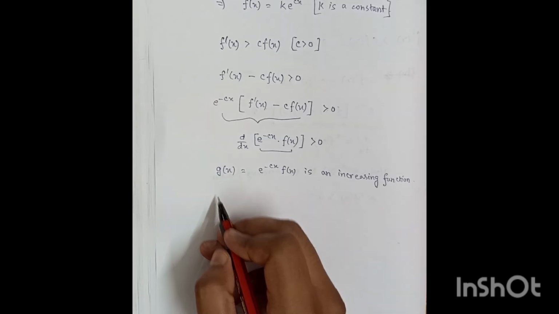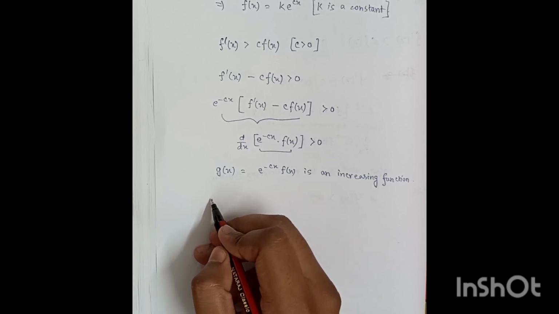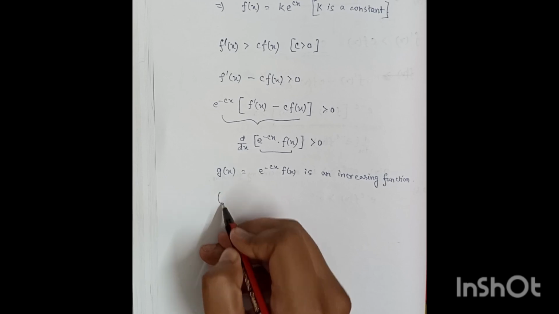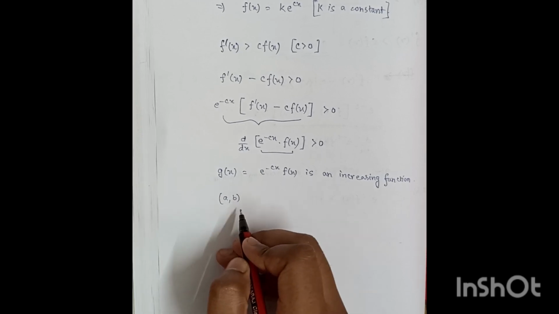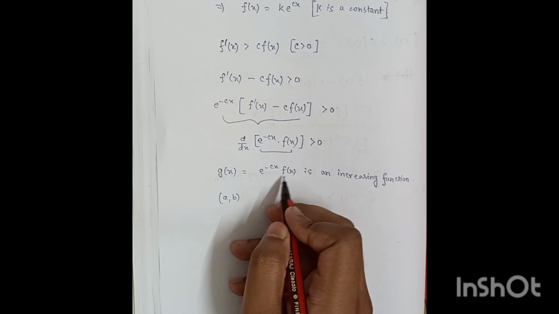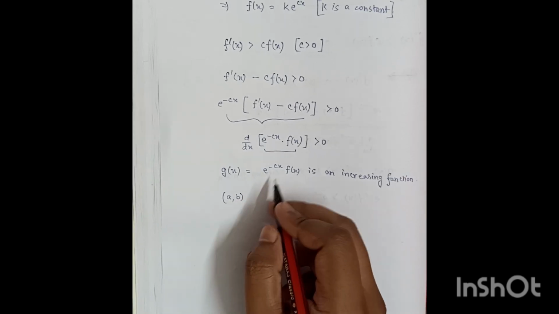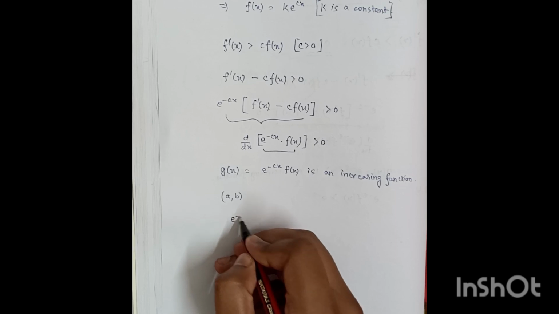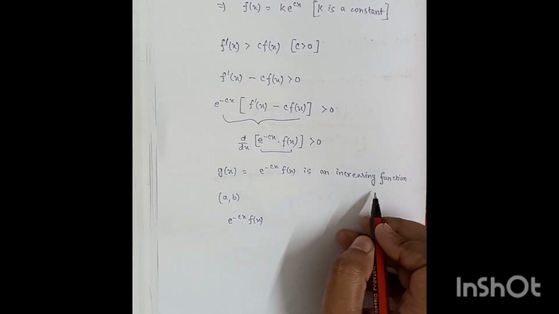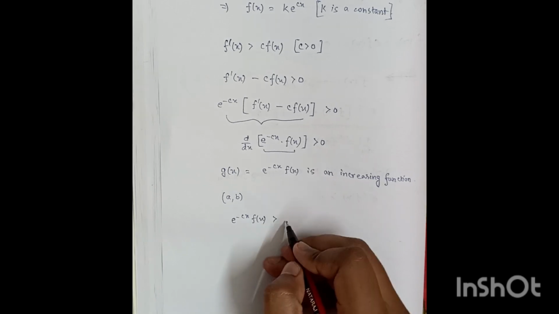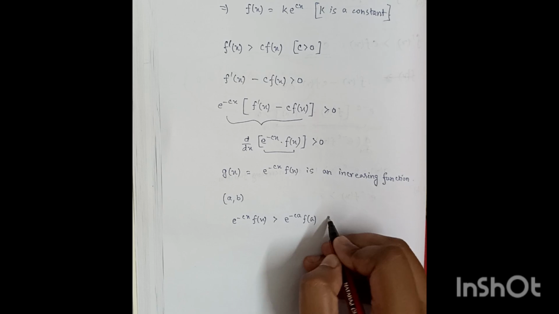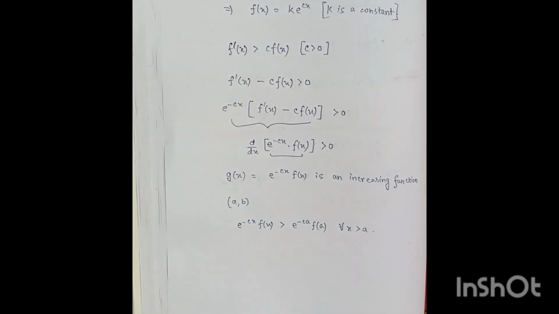Now let us assume that in the question we are given f(x) is defined for a particular interval, let's say open interval a to b. So we have to compare values of f in this interval. So we can say that e to the power minus cx times f(x), as this is an increasing function, will be always greater than e to the power minus ca times f(a) for all x greater than a.